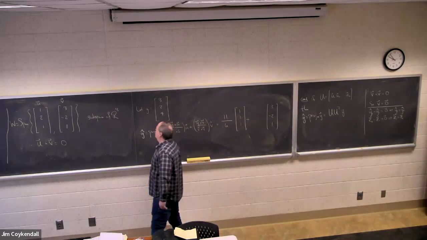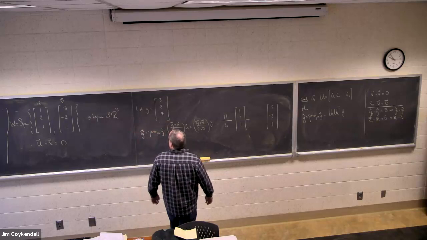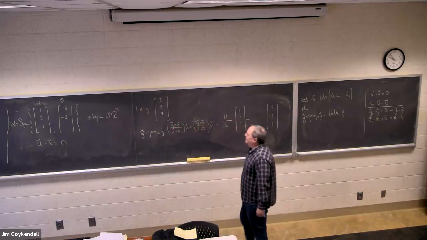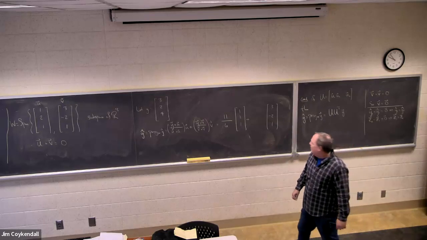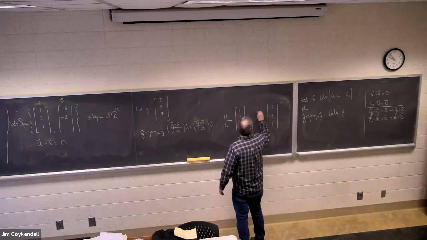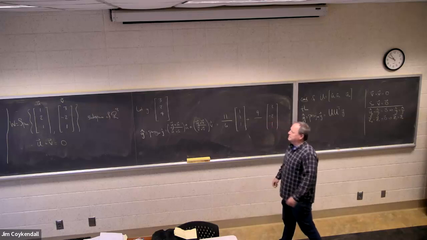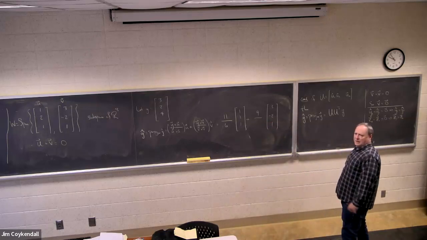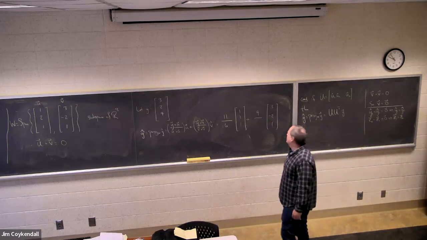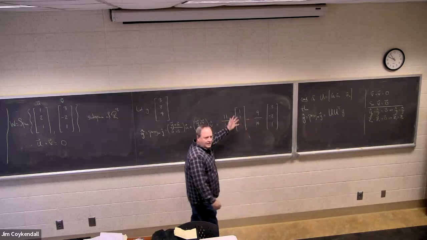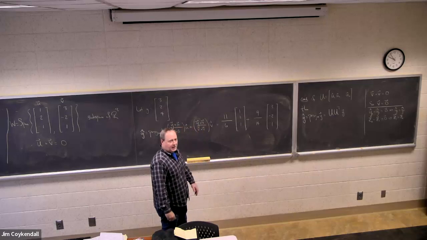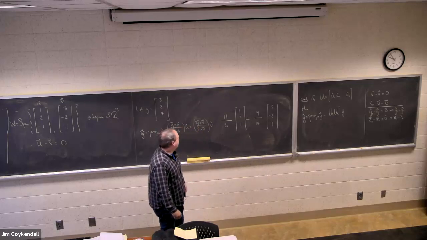Okay, what's y dot b? Looks like it's 9, right? And what's b dot b? This is what, 14? I can figure that out if I want to, but I'll just leave it like this.